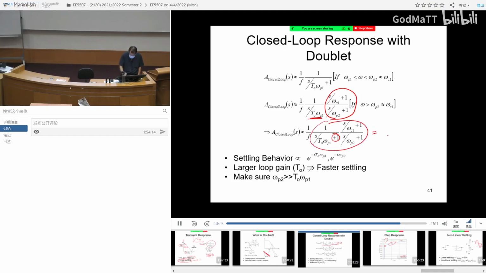I can actually factorize it into 1 over (S over T0 omega P1 plus 1) times (1 plus K1 K2 S over omega P2 plus 1).